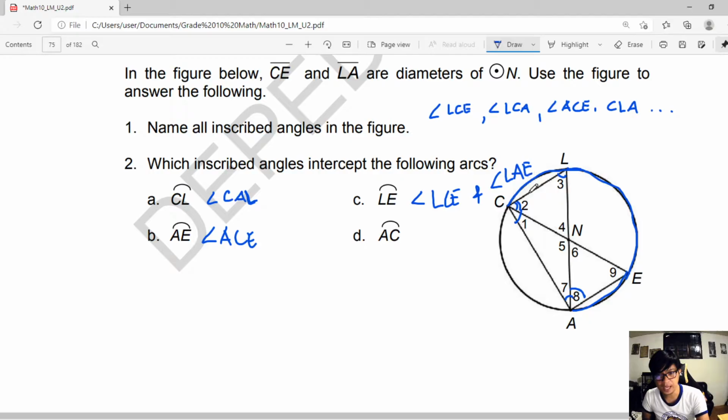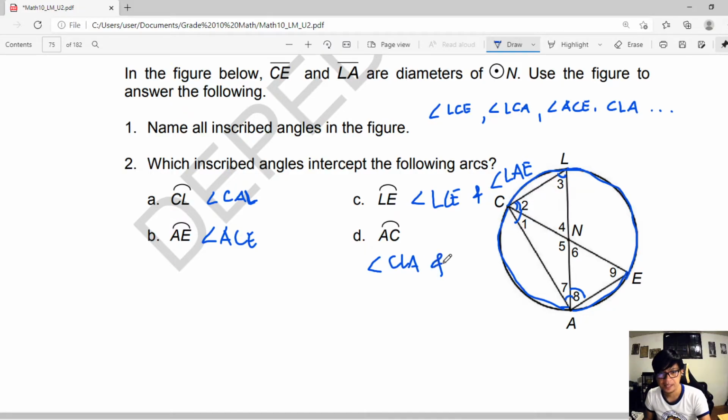Next one, we have arc AC. Saan bang AC ito? So, pwedeng angle CLA. Actually, you can interchange the letters. Basta yung vertex sa gitna, pwede siyang angle ALC or angle CLA. Pareho lang yan.